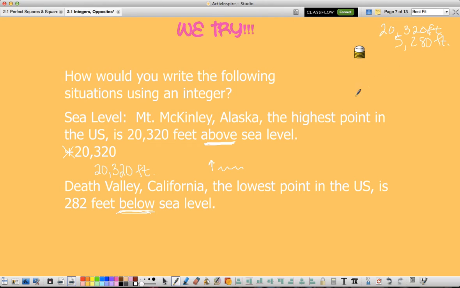Because these are positive, that would imply above sea level. So to imply below sea level, without actually saying below, we do put the negative symbol. So I would put negative 282 feet, and that would tell me that it is actually below sea level. And again, you don't want to forget your labels so that way we know if it's feet, miles, centimeters, inches, what are we working with.